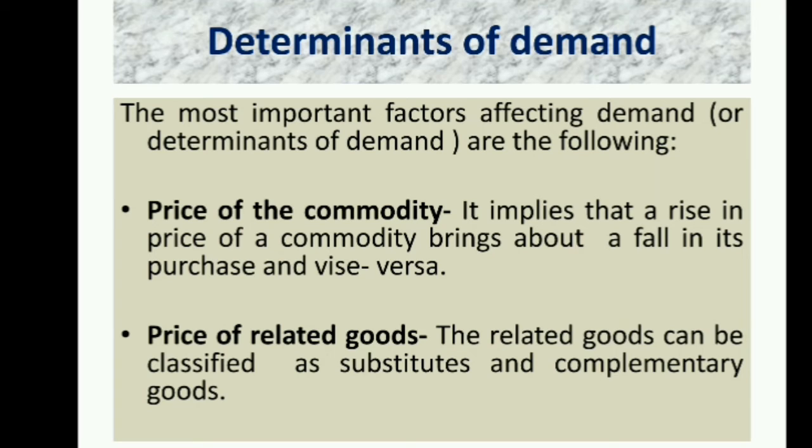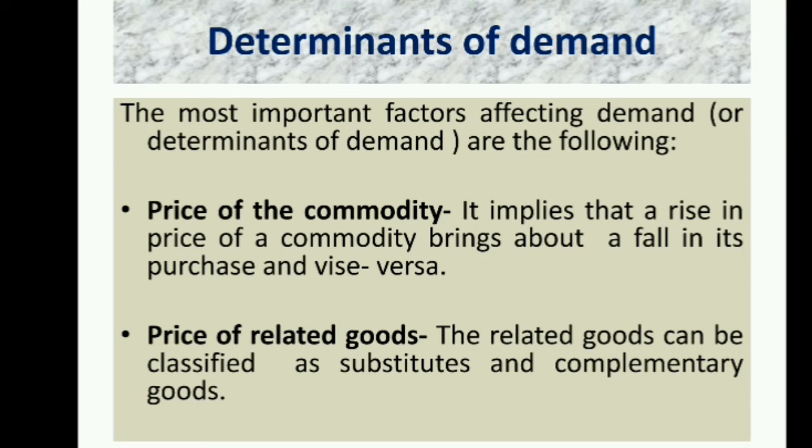When commodities are complements, a fall in the price of one will cause the demand of the other to rise, such as car and petrol. In such cases, the price of one good and the demand for another are inversely related.